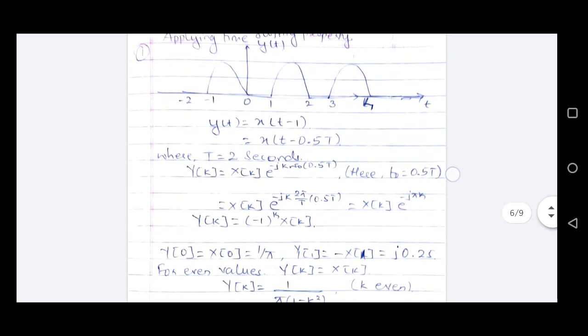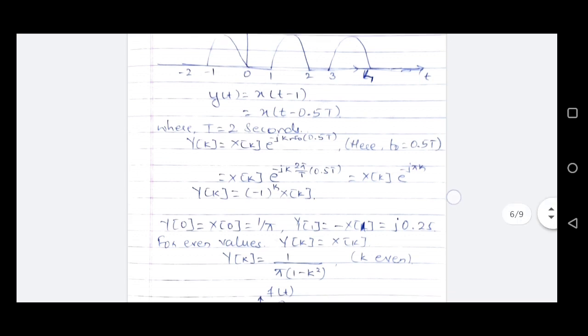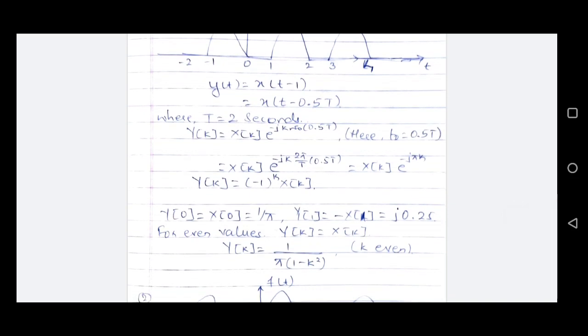And if we substitute different values of the Fourier series coefficients in this equation, for k equals 0, -1 to the power 0 will be 1. So y of 0 will be equal to x of 0, which is 1 divided by pi. And for k equals 1, -1 to the power 1 is -1, multiplied by x of 1. So y of 1 will be equal to minus x of 1, which will be j 0.25.